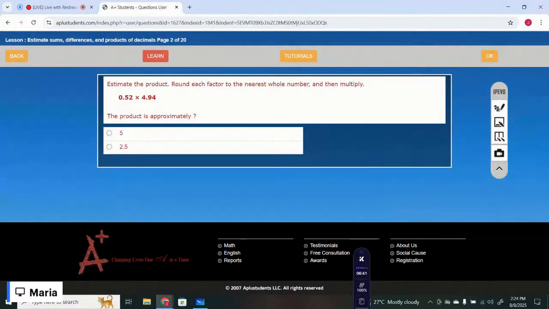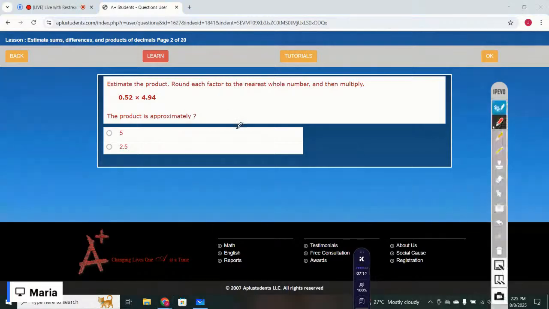0.52 times 4.94. 0.52 is rounded to 1 and 4.94, the digit right after the decimal point is 9, right?